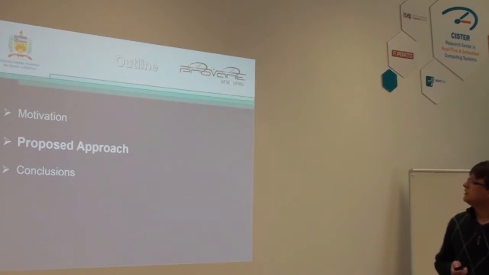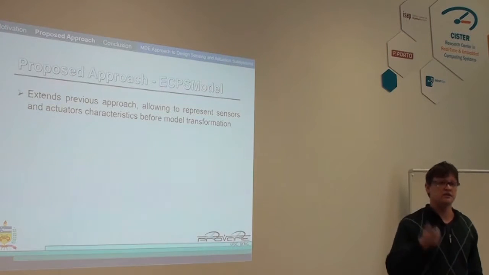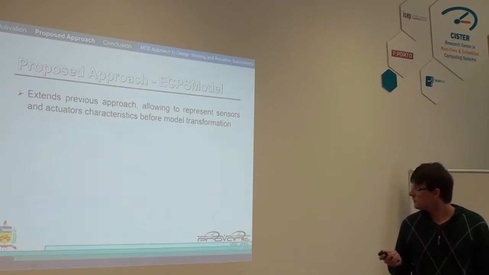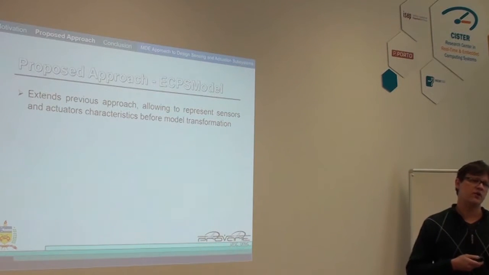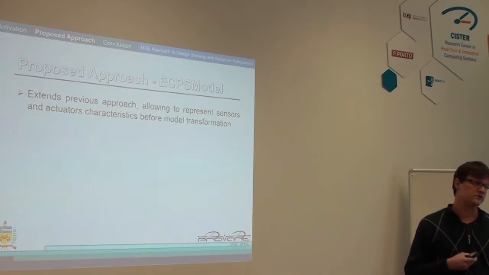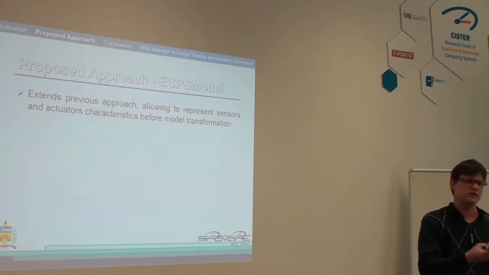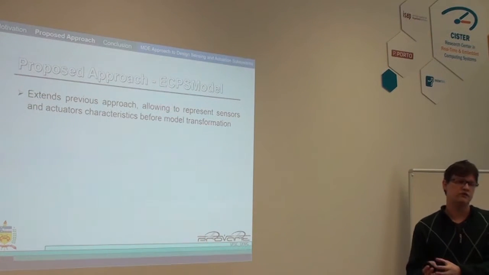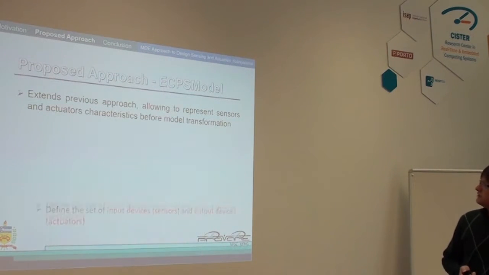So we propose an approach that aims to extend these previous works, to allow the engineers to represent the characteristics of the sensors and actuators directly during the transformation process, and not need to refactor the architectural model after this first generation to include this information.